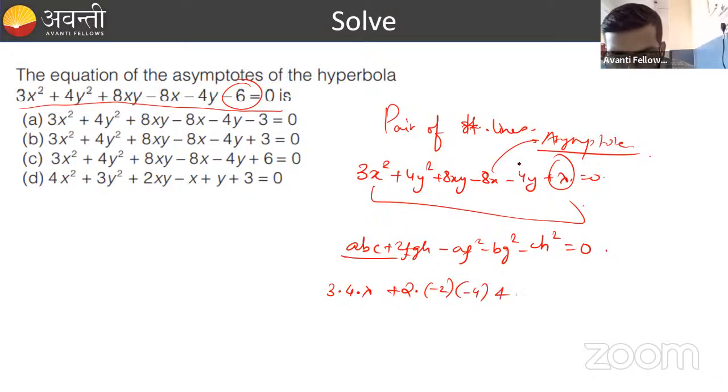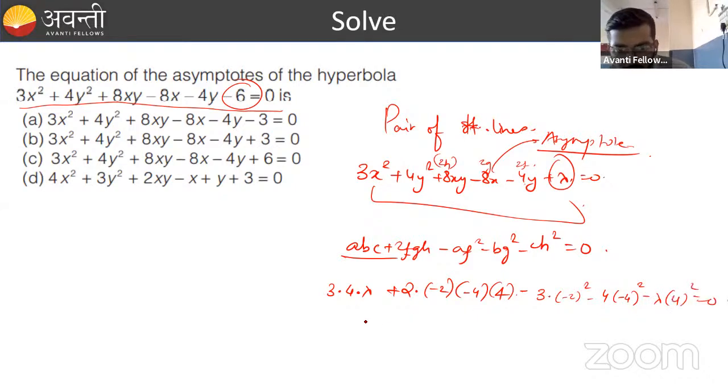This is like 2FY, 2GX, 2HXY. So 3 into F square, F value is minus 2 square, minus B which is 4 into G, which is minus 4 square, minus C which is lambda into H, which is 4 square, equals 0.